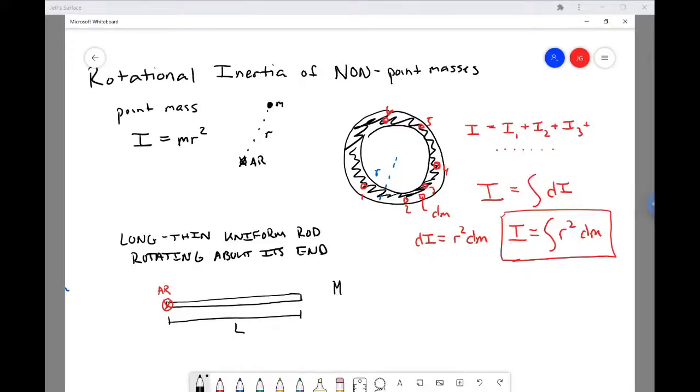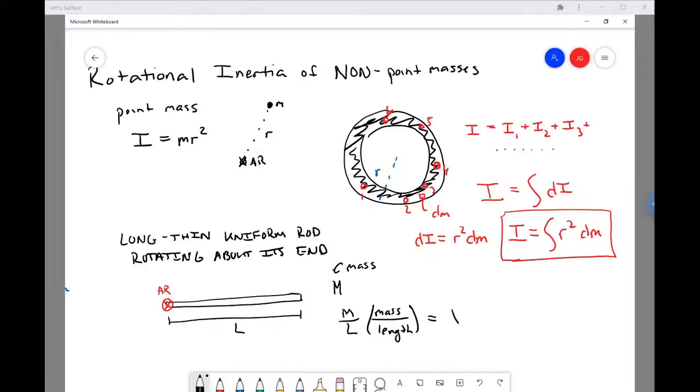The meter stick has a mass, and since it's uniform, it has a mass per unit length: the mass divided by the length, with units of kilograms divided by meters.